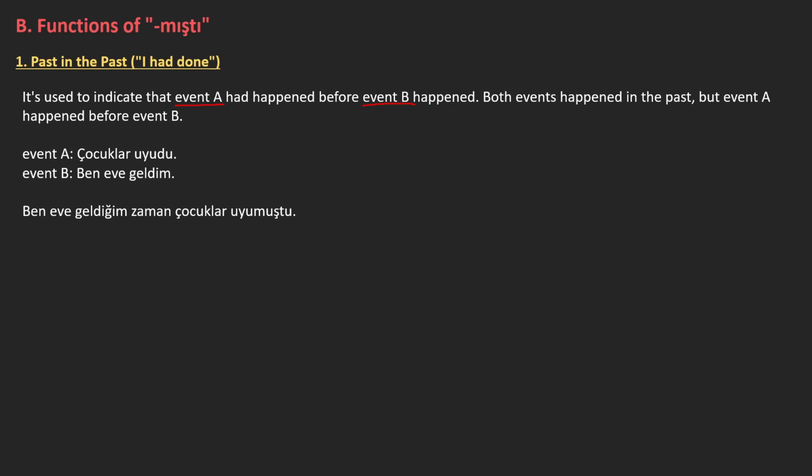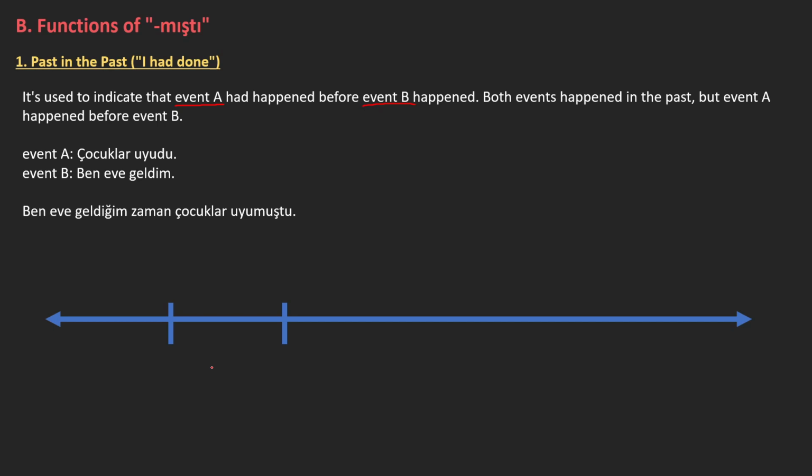And I want to show you this in timeline. So this is our timeline, like past and future, and then present. There are two events in the past, and we are here in the present, and the time is 11:30. The first event and the second event.